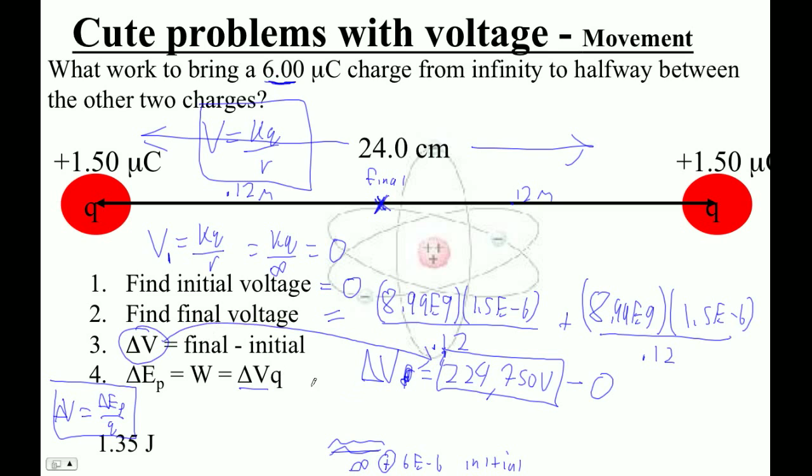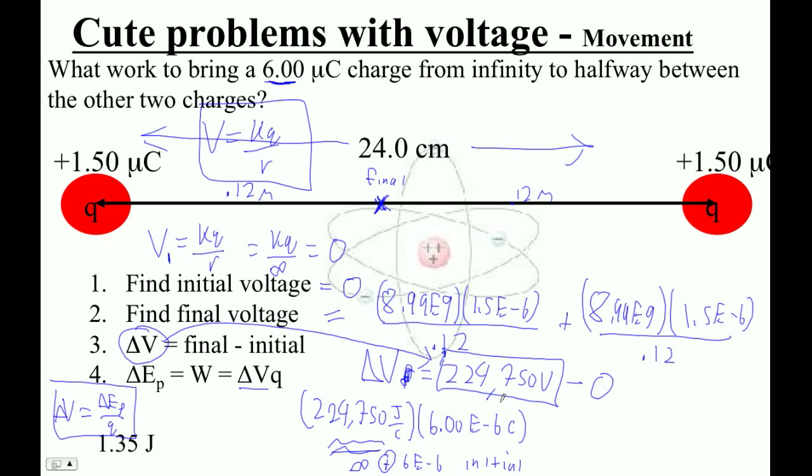Okay, and now I'm all set. I can simply go, work is change in voltage times charge, right? So 224,750 joules of work for every coulomb times 6.00 E minus 6 coulombs.